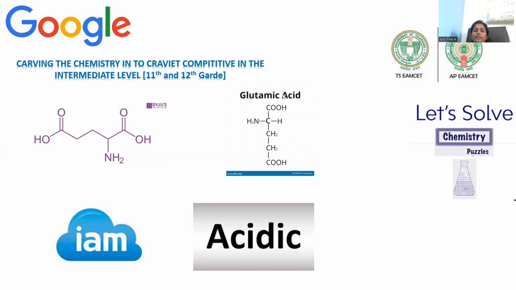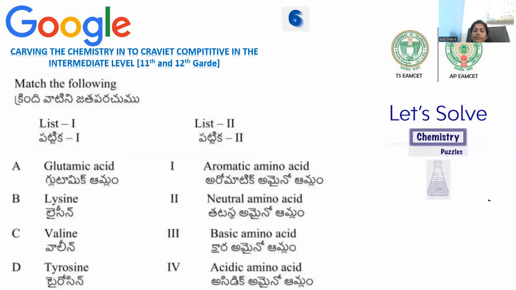If you cancel acid and base, the left is COOH, meaning one of the COOH is in excess. That's why we can say the compound is acidic in nature. So glutamic acid is acidic. Where is acidic given? Option number 4, acidic amino acid. So A will be mapped with 4.